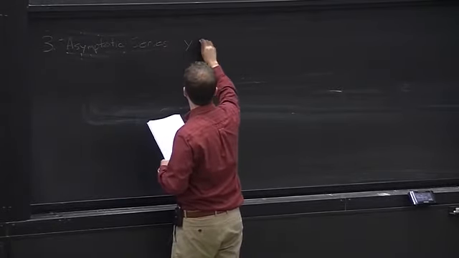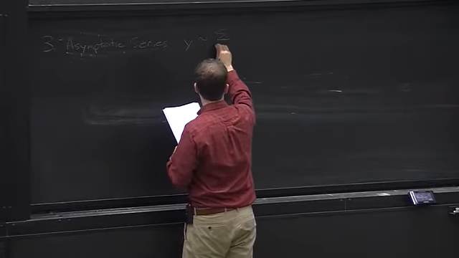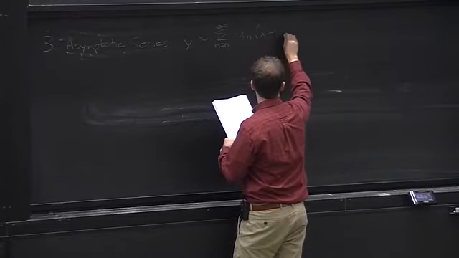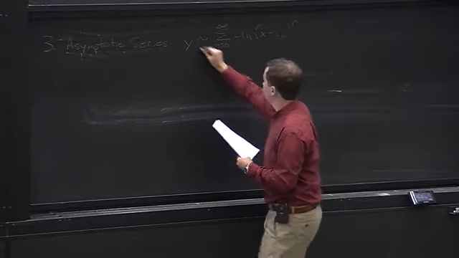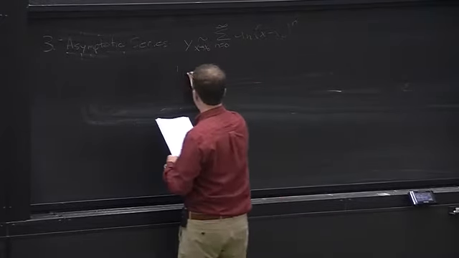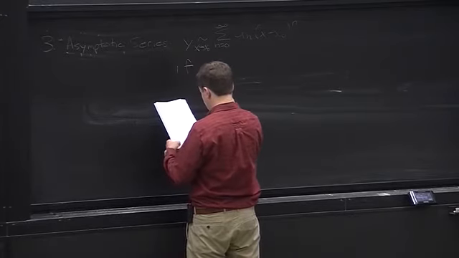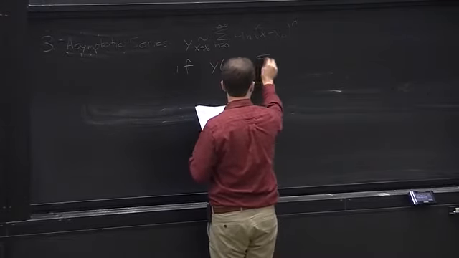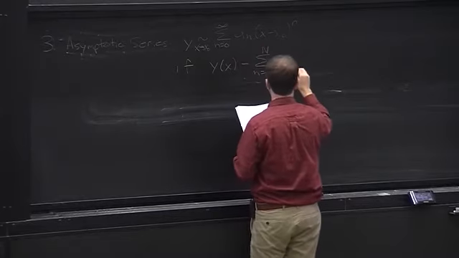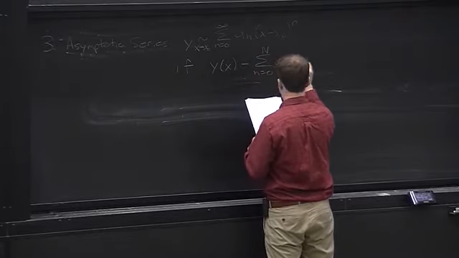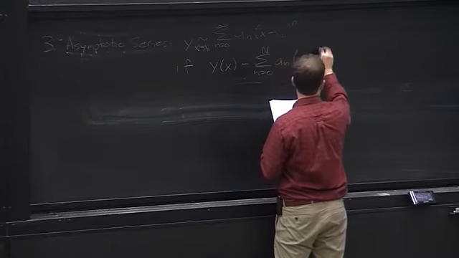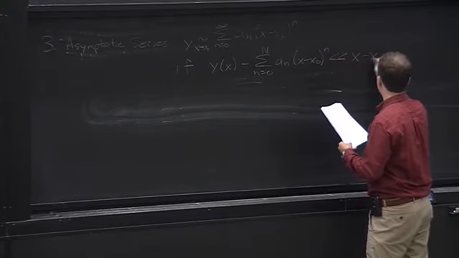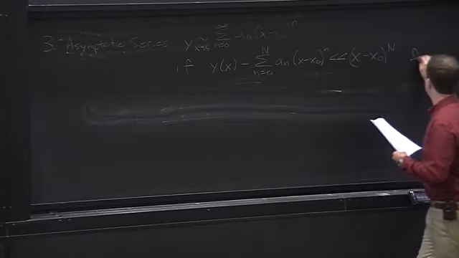So y has an asymptotic series as x goes to x naught if y minus the partial sum of the first n plus 1 terms is much less than x minus x naught to the n for all n.